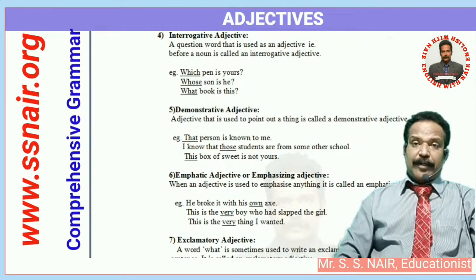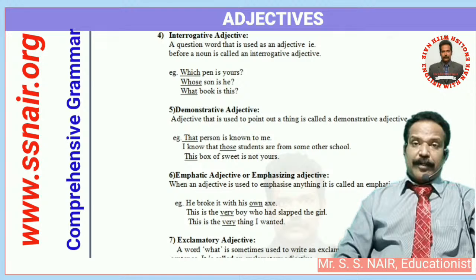But if I say, this apple I purchased from the market, understand properly, I'm using this before the noun apple. So immediately if this is preceding a noun, then understand this is called demonstrative adjective and not demonstrative pronoun. There's a slight difference between demonstrative adjective and demonstrative pronoun.